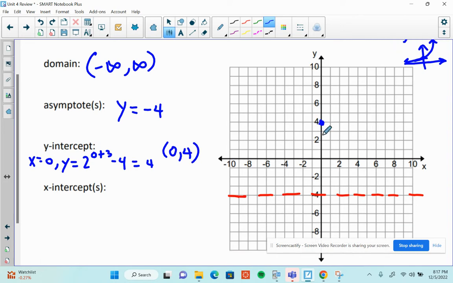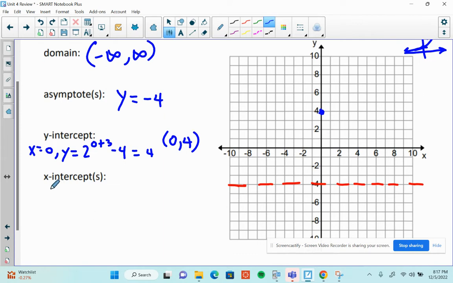I'm going to find out what the x-intercept is, and I'm going to find some other points as well. The x-intercept, that happens when y equals 0. So I'm going to solve the equation 2 to the x plus 3 minus 4 power equals 0. It is going to have an x-intercept because we have to cross the x-axis and get close to the line y equals negative 4.